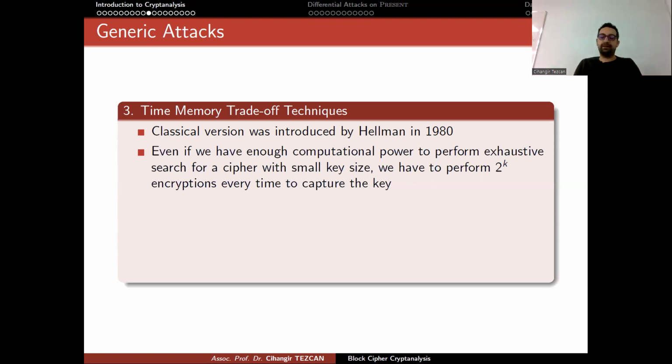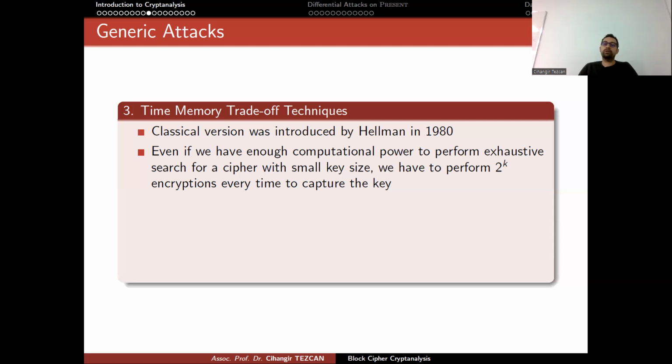So for instance, let's think about A5/1, which is the 2G GSM standard. There the secret key was 64 bits. So performing 2 to the 64 encryptions is not that hard. It depends on your computational power. If you have many GPUs, it may take months for you. Secret agencies can perform this many encryptions in days or maybe in hours.